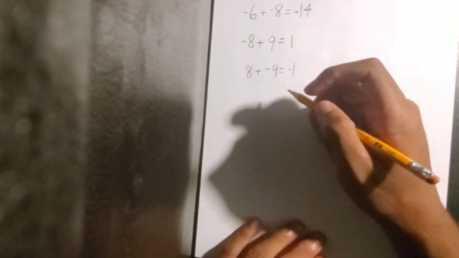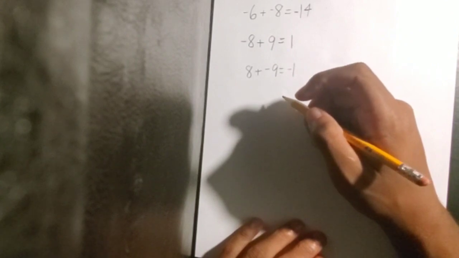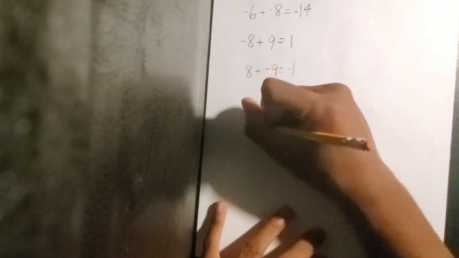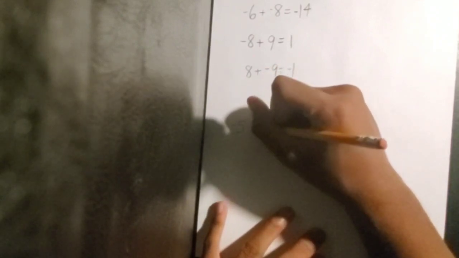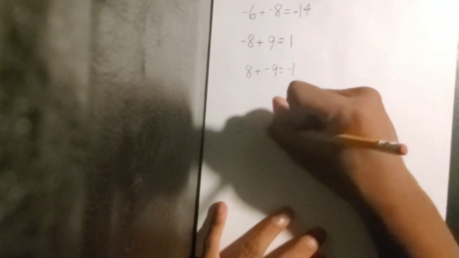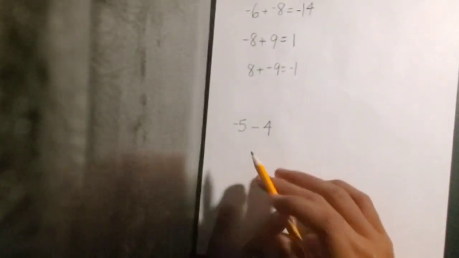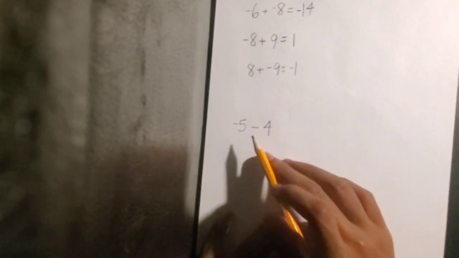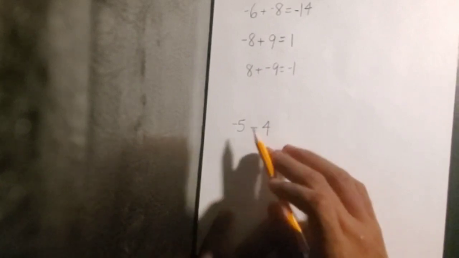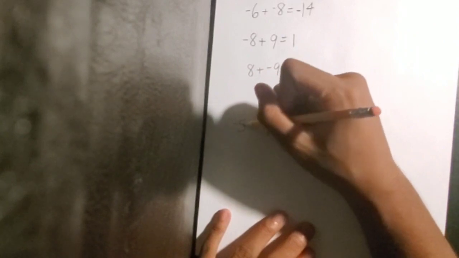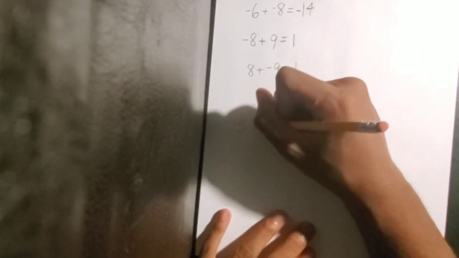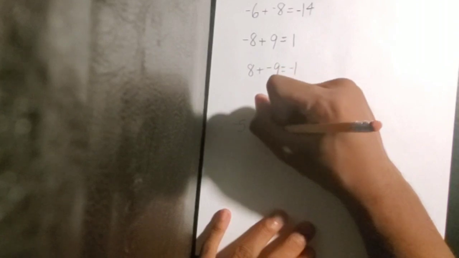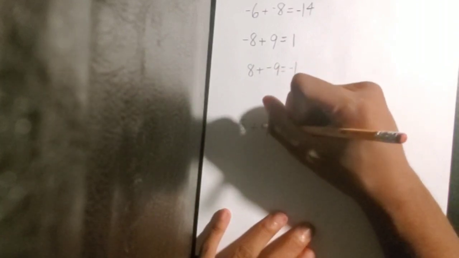Alright, now we're gonna do the subtraction with the negatives and the positives. Okay, so we have negative 5 minus 4. That's called keep, change. Negative 5 stays, but the minus becomes a plus, and the 4 becomes a negative.